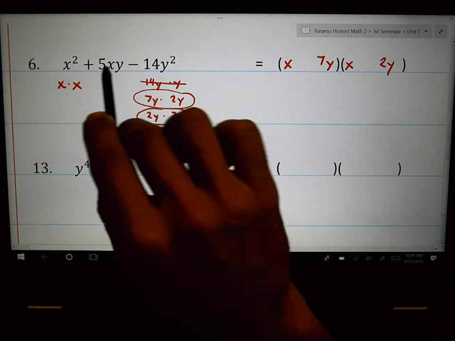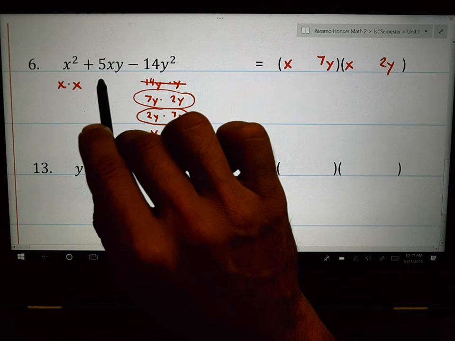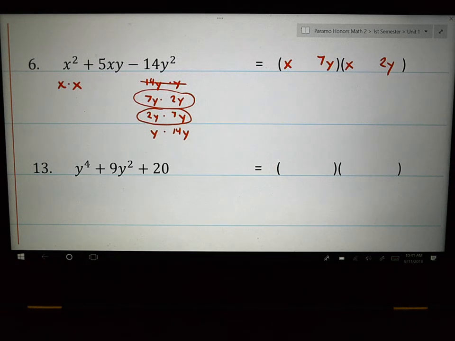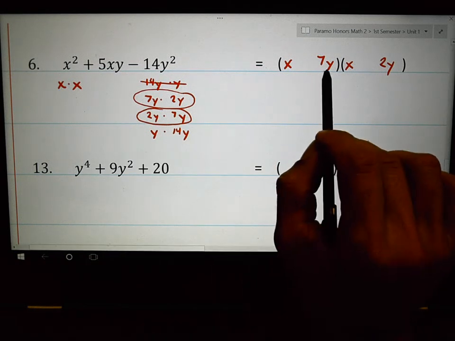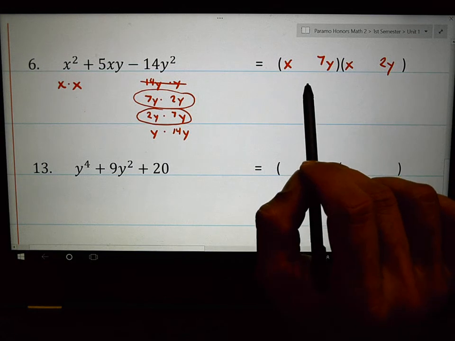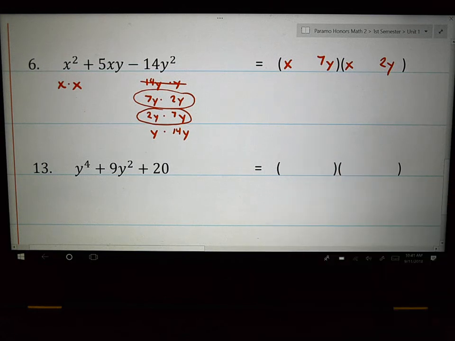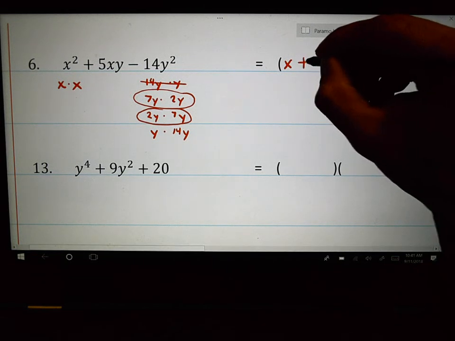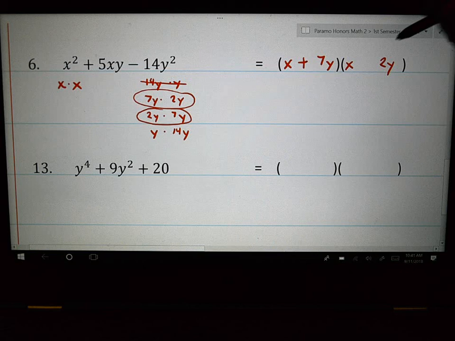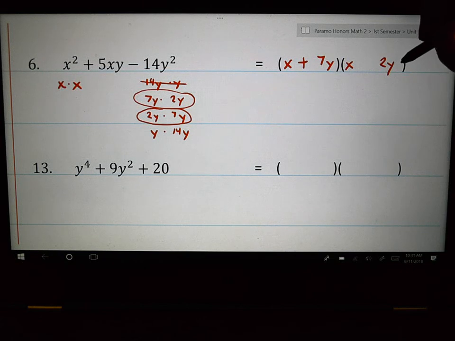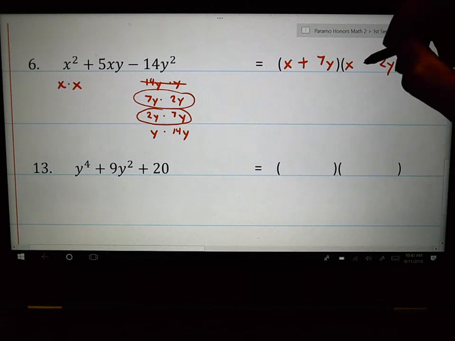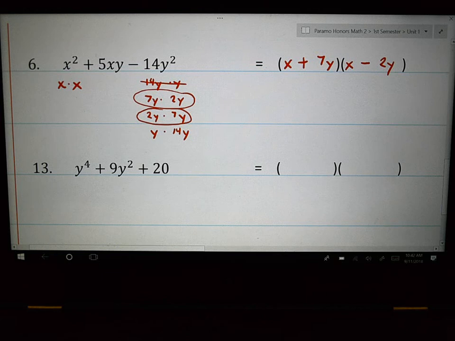I want to have 5xy left over when I put those together. Is the 7y going to be positive or negative? If you know, tell the person you're sitting next to. For everyone who said positive, you were correct. If the 2y is going to be positive or negative, say it out loud. Negative. It has to be negative.